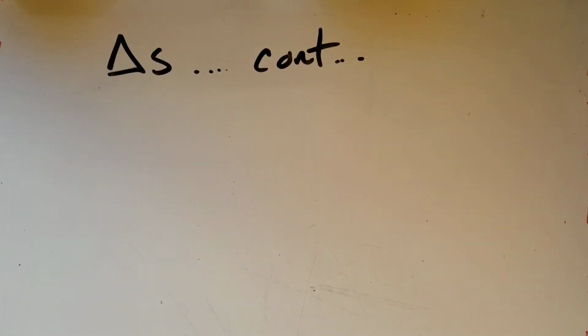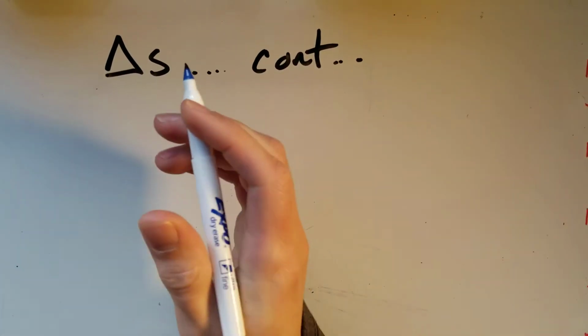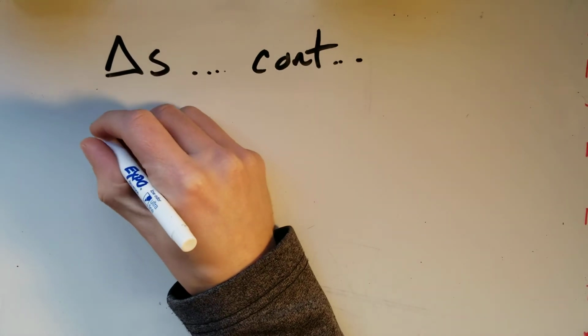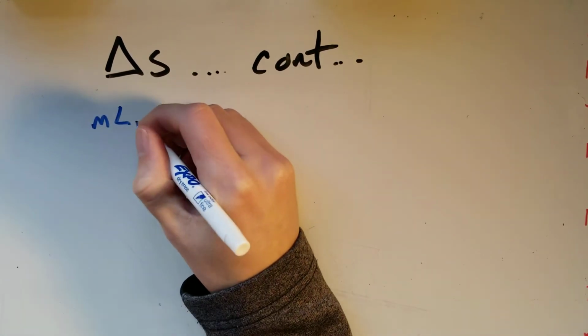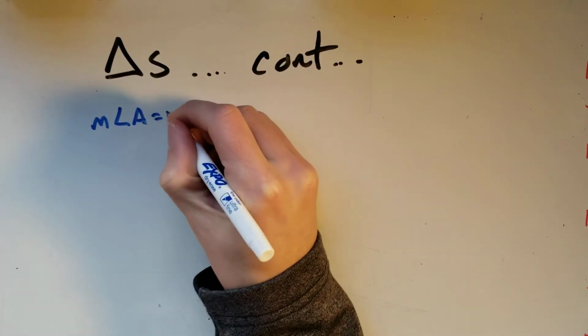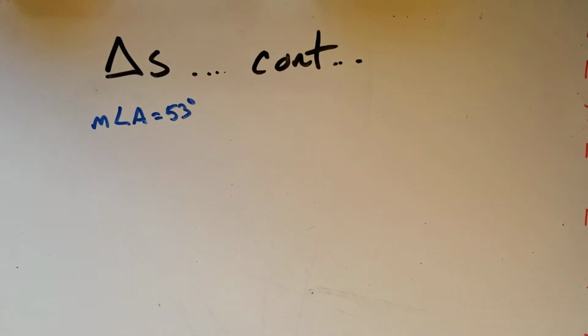If you're using the slides, we're going to start with slide number 1. So the first question says, one of the acute angles in a right triangle measures 53 degrees. So the measure of angle A equals 53 degrees, and we want to find the measure of the other acute angle.